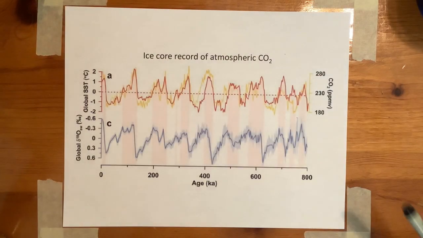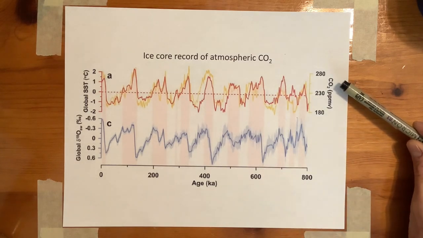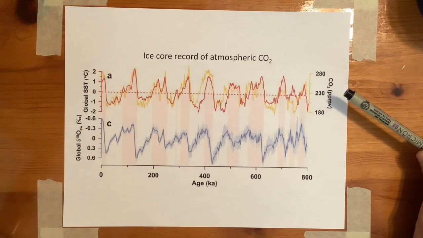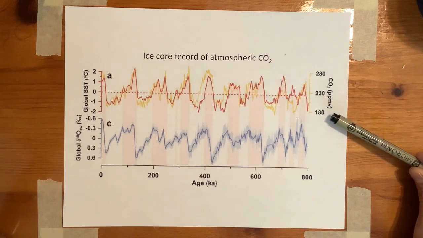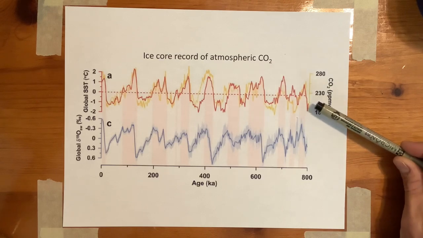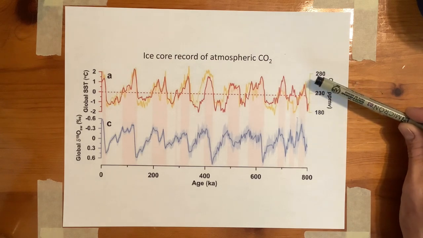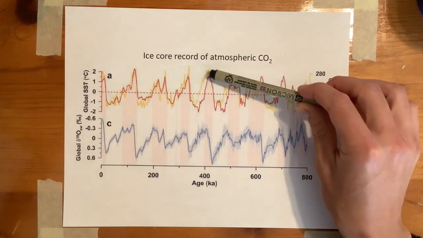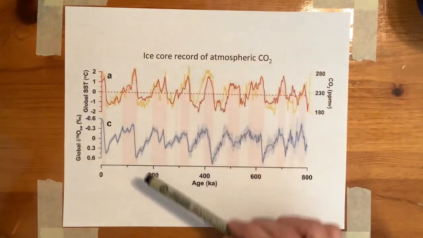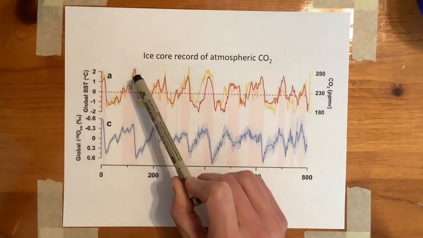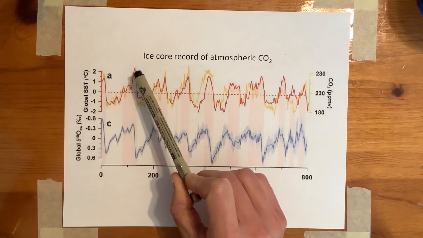So back to this plot, we can see that over the last 800,000 years, the concentration of carbon dioxide, CO2, in Earth's atmosphere has varied from 280 to 180 parts per million. And we see that the high points in CO2 concentration, all these high points shown by this yellow curve, seem to match up very well with estimates of the global sea surface temperature also being relatively high.